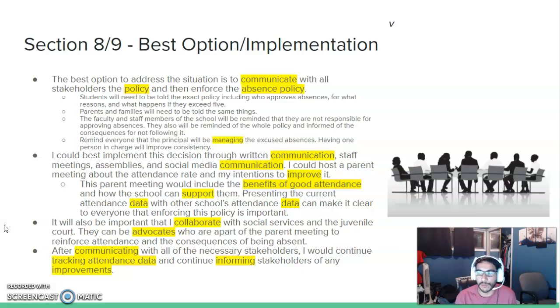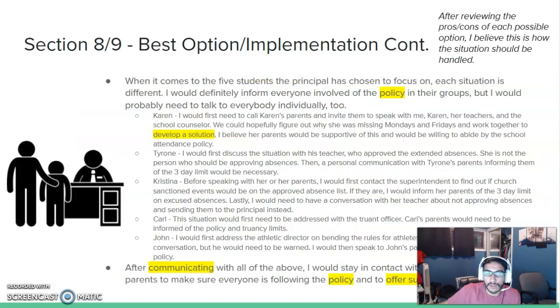It would also be important that I collaborate with social services and the juvenile court. After communicating with all of the stakeholders, we would have to keep track of attendance data, and continue to communicate and inform whoever's involved through this process.